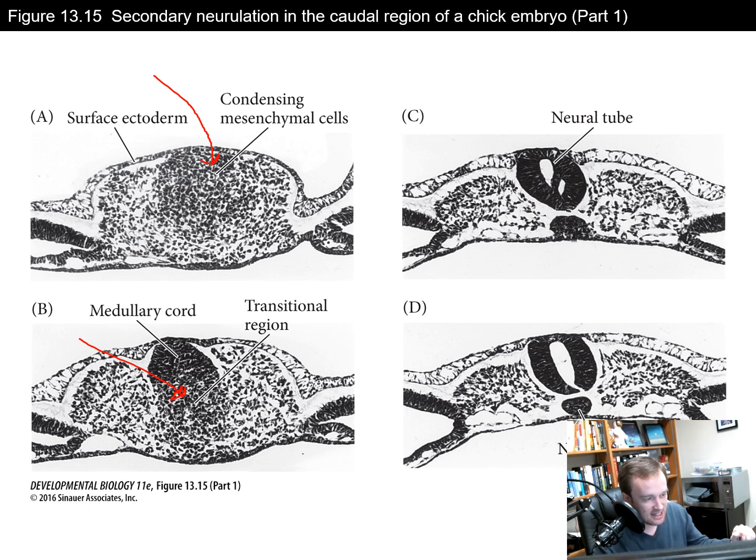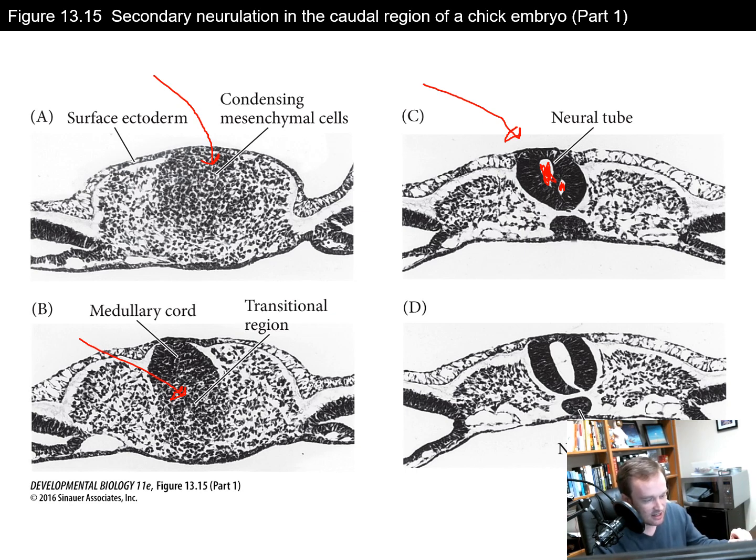In slide C here, we can see that the neural tube is cultivating and forming, and so in this one we have 2 different lumens present still, so they're starting to form, but we have 2 different interior cavities that have started to form, but that will eventually disappear over time.